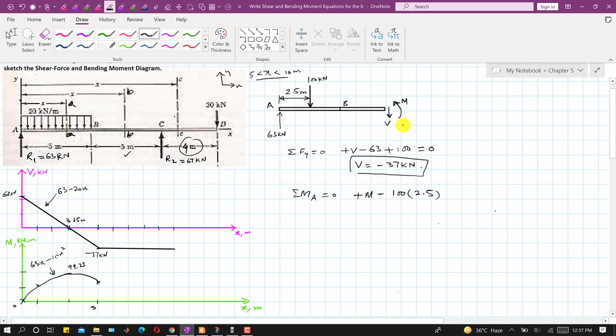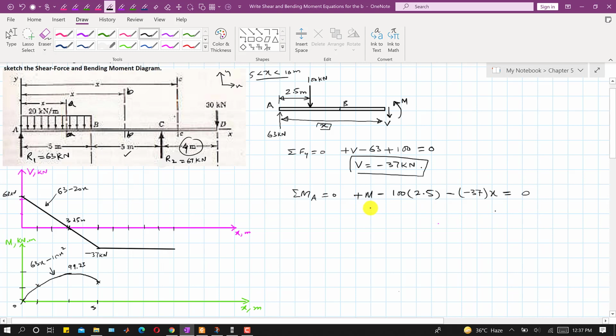And this V is producing the negative moment, so I will write minus V, and V magnitude is minus 37, and the perpendicular distance of this V from point A is the length of this section, and the length of this section is again x, since it's an imaginary section from this loaded beam from this point A until somewhere here. So the length of this cutting section is also x. So we will multiply this with x, and this is equal to 0.